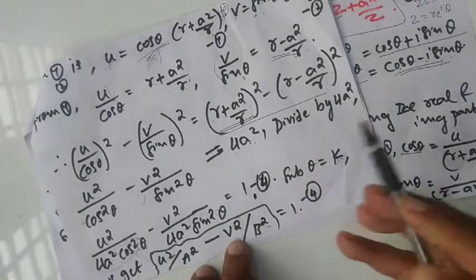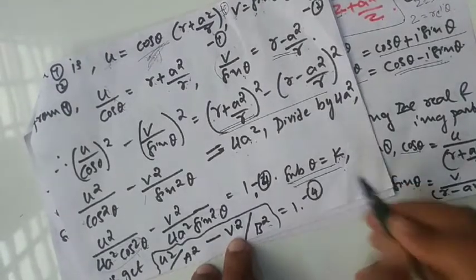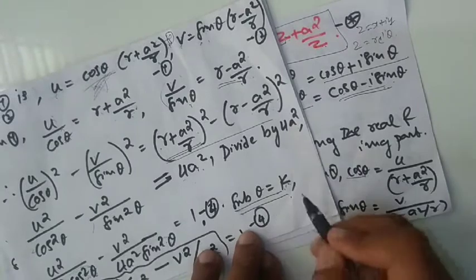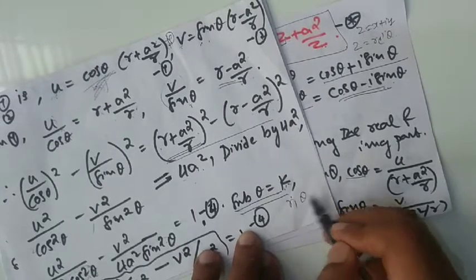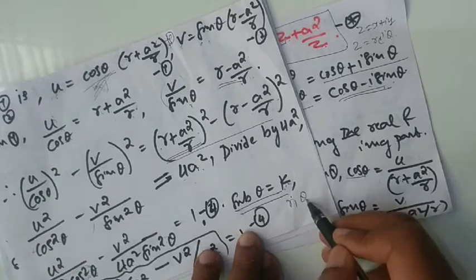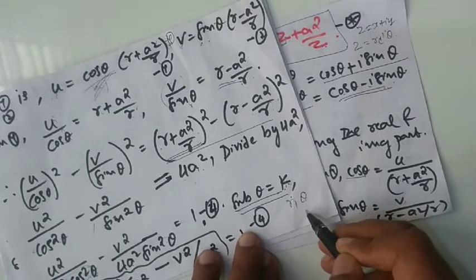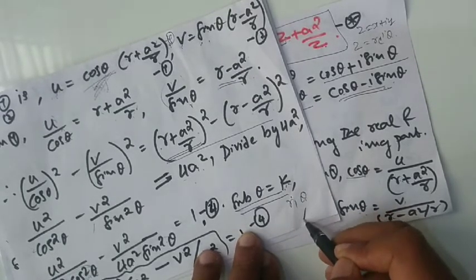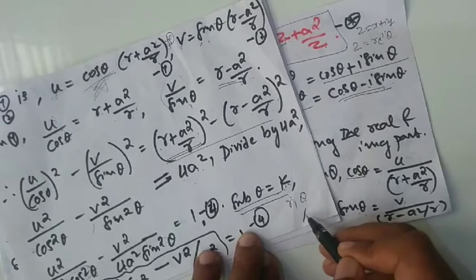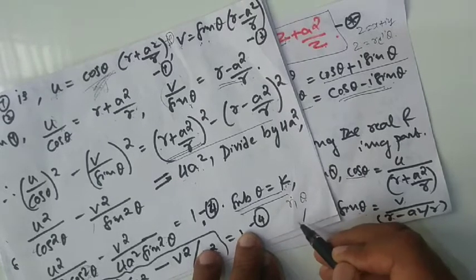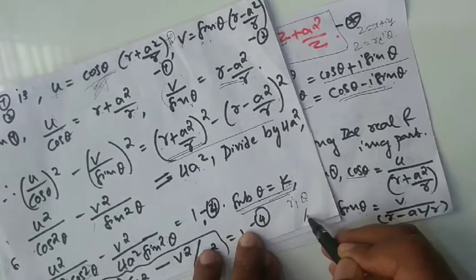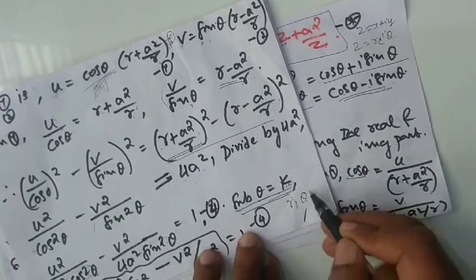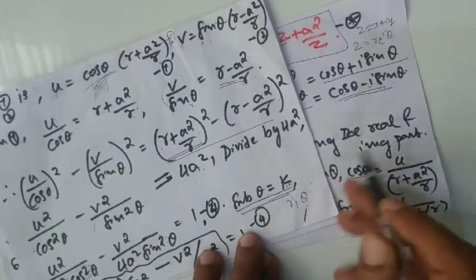Let us understand the meaning of theta is equal to k. What are the variables we have? r and theta. Theta is fixed. That means this radius, whatever is there, should not rotate. It is not allowed to rotate because theta is fixed. r can vary like this.